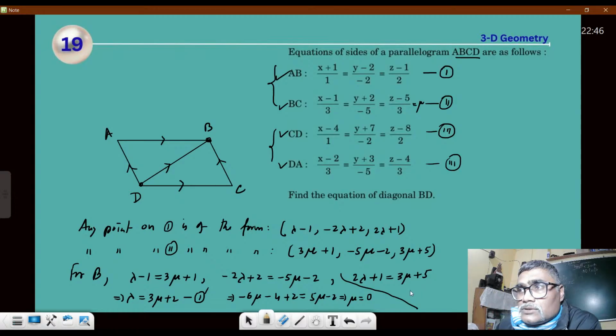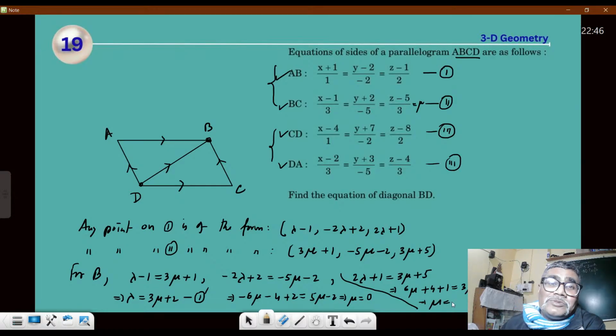So here also I'll put twice lambda is 6 mu, then plus 4 plus 1 is equal to 3 mu plus 5. Yes, this also gives you mu equal to 0. That means in both cases you get mu 0. So you are successful.